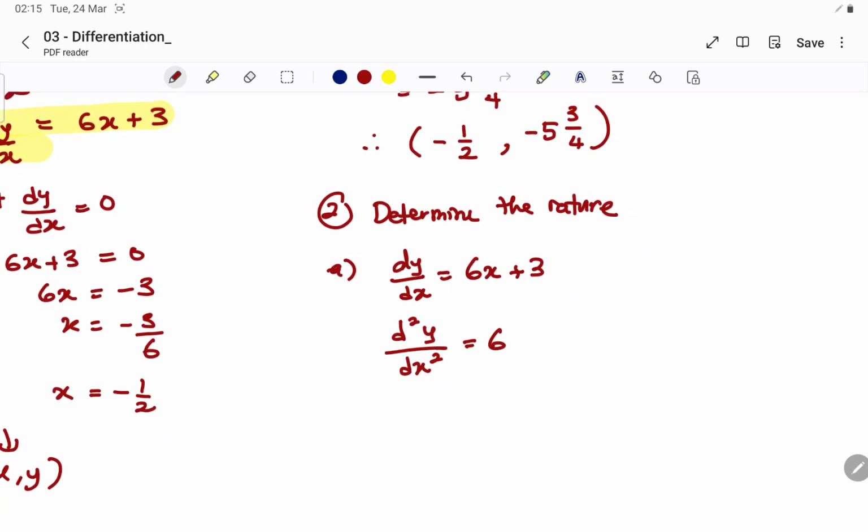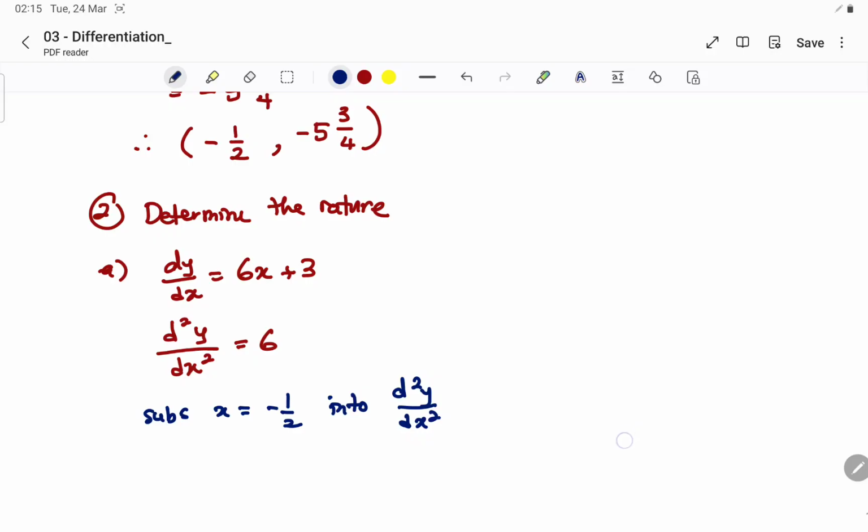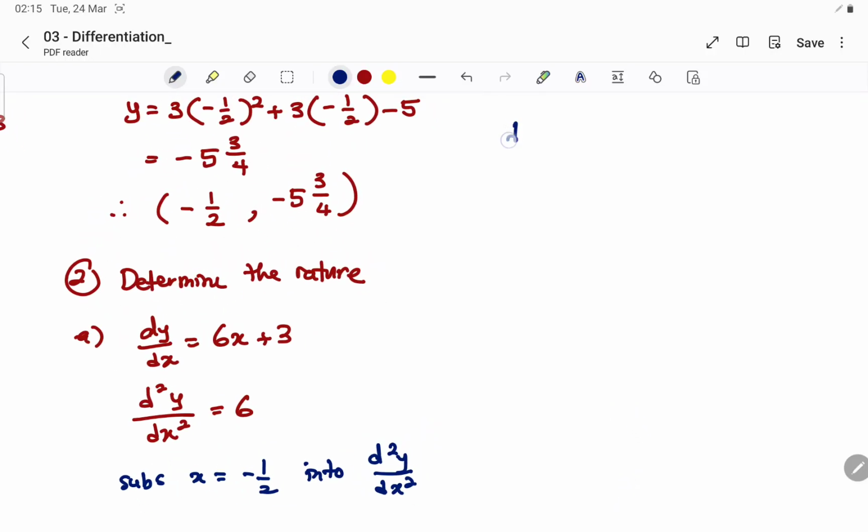So right now, the next step is to substitute x equal to negative 1 over 2 into d squared y over dx squared. After we differentiate 2 times, we got 6.